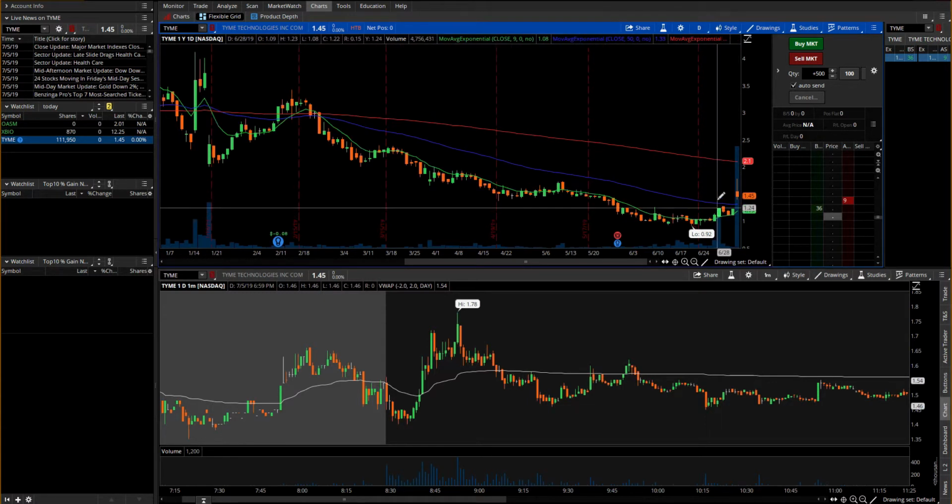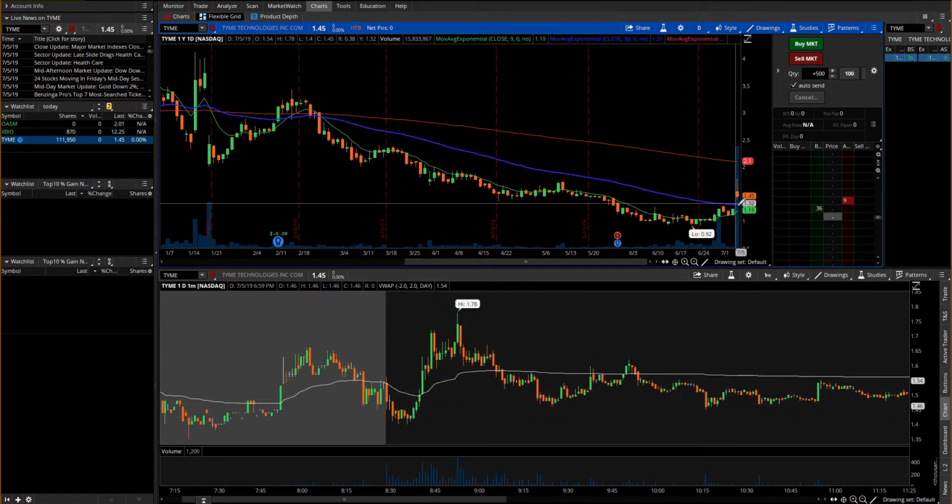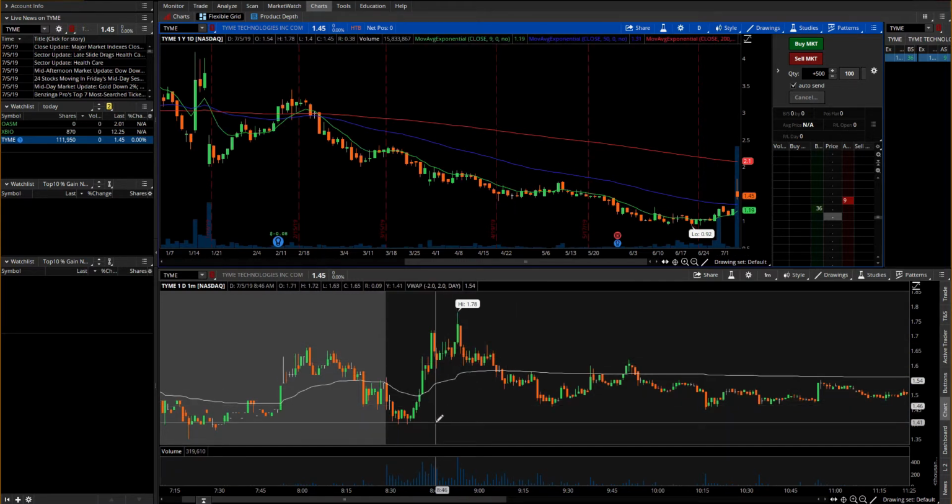The way we look at it with the minute chart right here, this 1 minute chart, we know 130, 131 is going to be support from this EMA on the yearly chart. So 131 will be support on this minute chart.